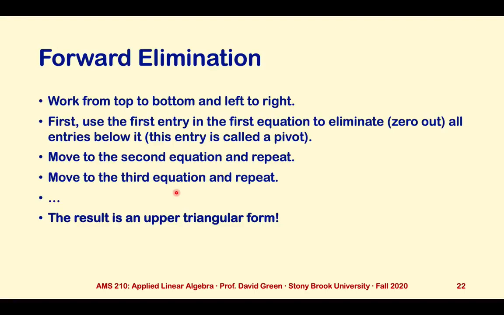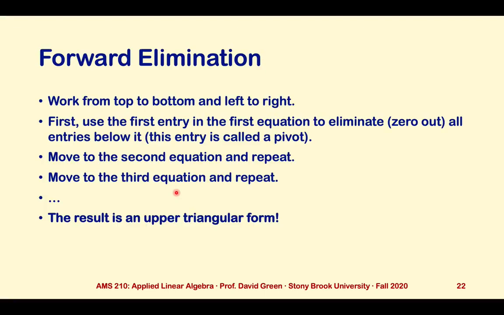The first step is forward elimination, and we'll be moving on to an example in a moment to really highlight how this works. But first, to describe the process qualitatively, we have an outline here. Forward elimination always works from top to bottom and from left to right.